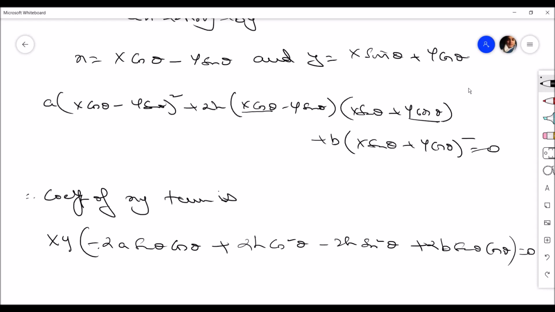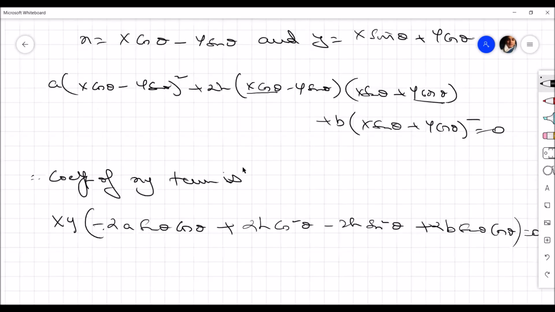So xy taken out common, so minus 2a sin theta cos theta is what I've written. Similarly, 2h, x cos theta times y cos theta is nothing but xy cos square theta. That xy is taken out common, so 2h cos square theta is left over here. All right. Any doubts? Similarly, the other terms should be made 0.